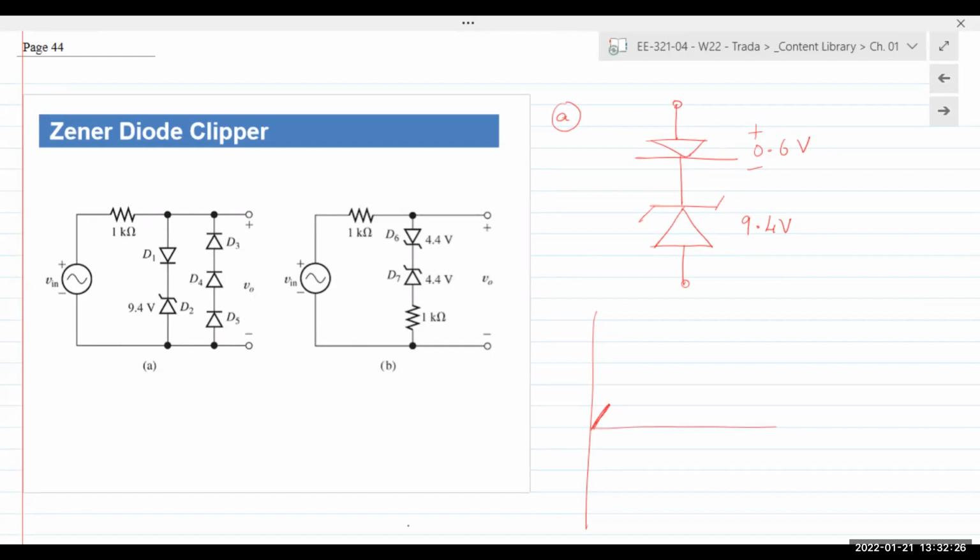Effectively, it is performing the same action that the battery did. Zener, quadrant 3, what happens? The reverse bias. Zener stays off until it reaches 9.4. And the Zener diode remains off, so it doesn't matter what happens here.